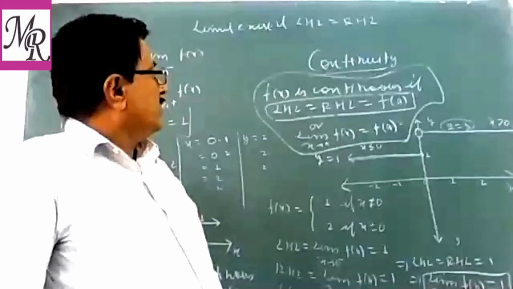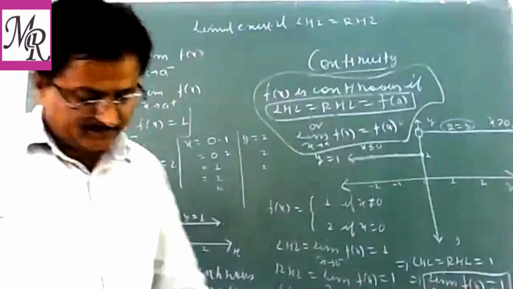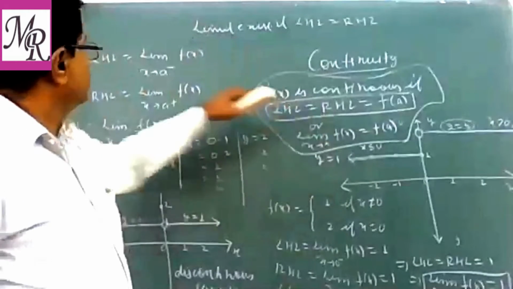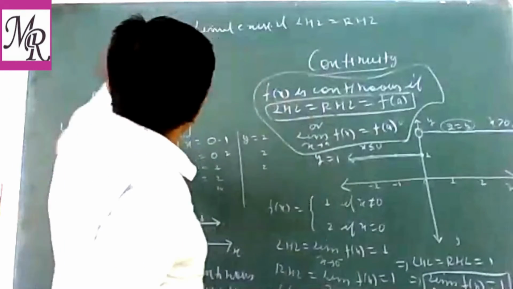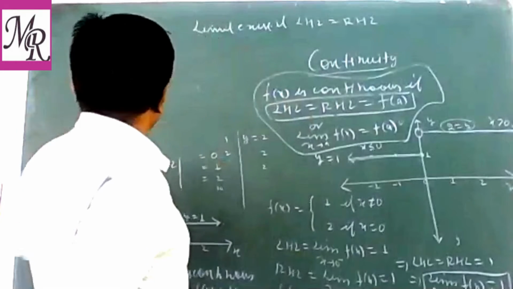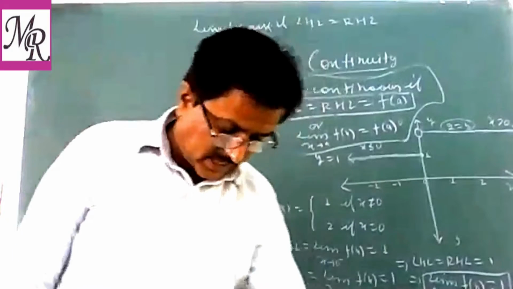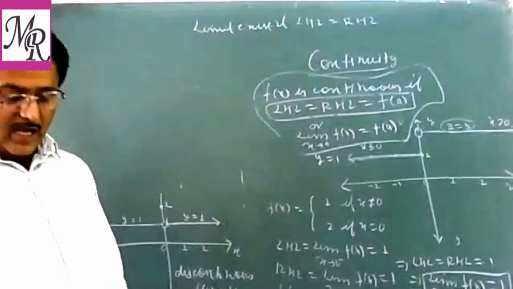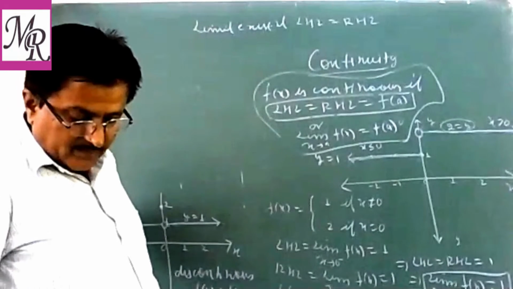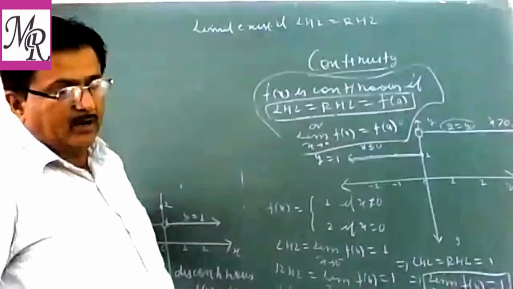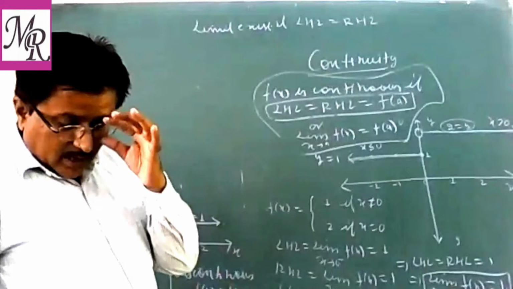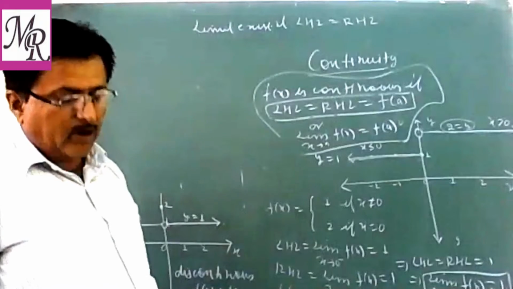Suppose f is a real valued function. We have already given it verbally. Now, systematically, you can write a definition of the continuous function. Suppose f is a real function on a subset of the real numbers, and let C be a point in the domain of f.